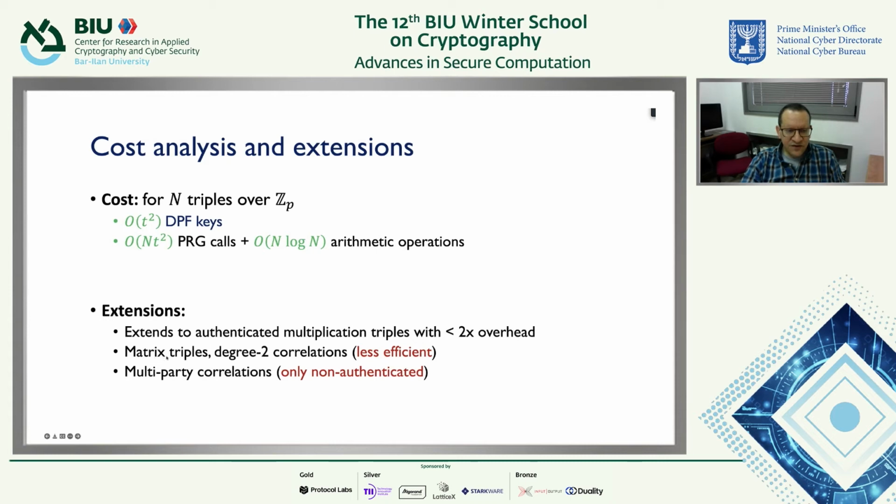In the Crypto 2020 paper, we present extensions to other kinds of degree 2 correlations, including matrix triples, and also to multi-party correlations. But the extension to multi-party correlations that I will describe in the next slide is a bit more costly and also does not work for the authenticated triples. We'll see why.